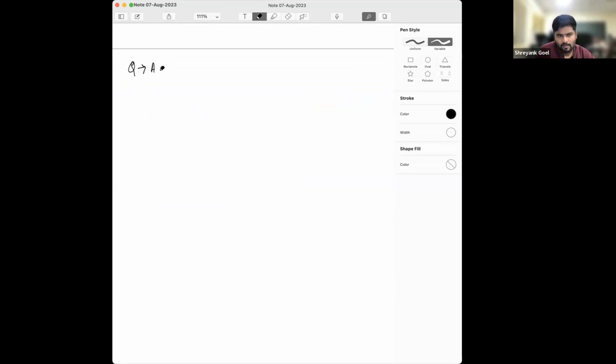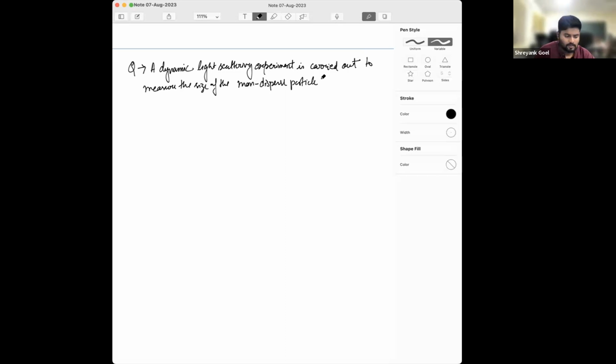Okay. So the question is: a dynamic light scattering experiment is carried out to measure the size of a monodisperse particle undergoing Brownian motion in a colloidal dispersion.